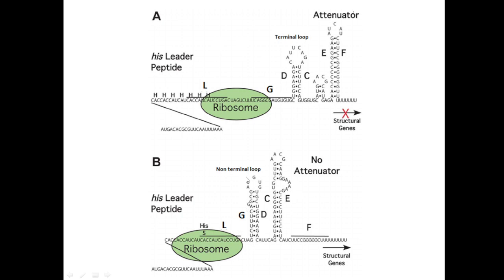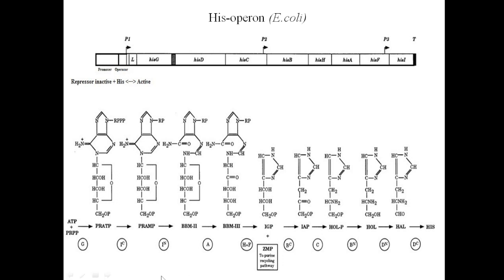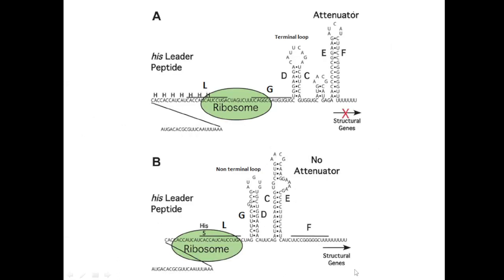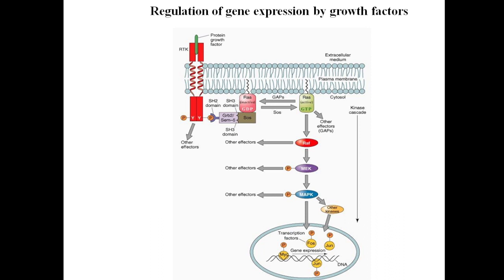In this case non-terminal loop, and all enzymes of histidine operon will be synthesized and synthesis of histidine will take place. It is the so-called attenuator system.